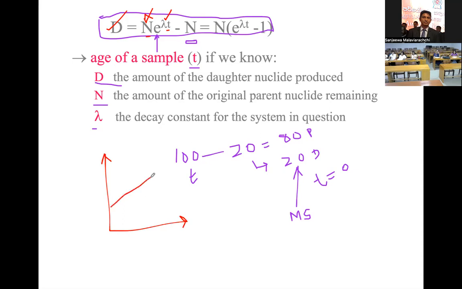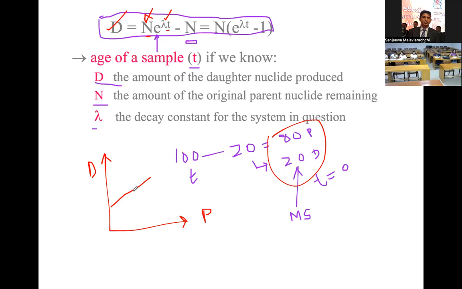So then what you do is you have the daughter and you have the parent, for example, because these are known variables, and we get them from the mass spectrometer.